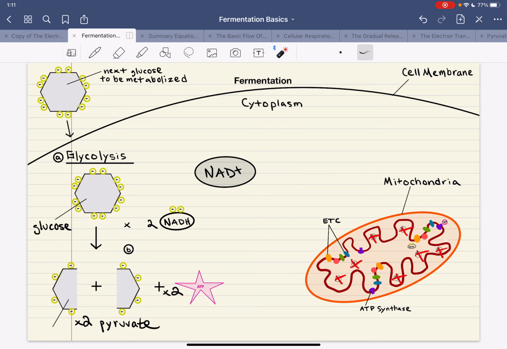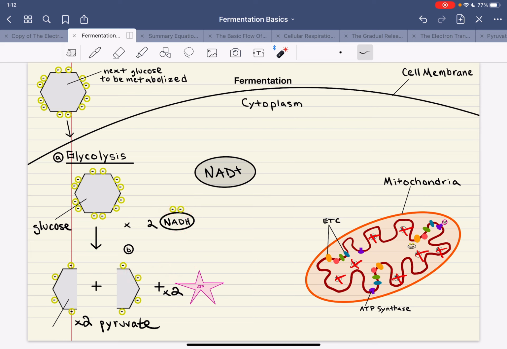So let's see if I can do that neatly. Might be difficult. Well, I failed my first attempt. Okay, I'm just going to have you imagine that they get transferred. So we're taking these 2 electrons, and they're getting transferred to pyruvate. So just picture that in your mind.